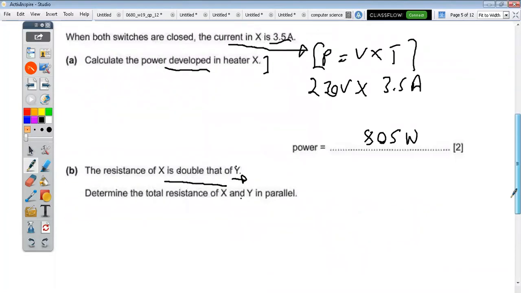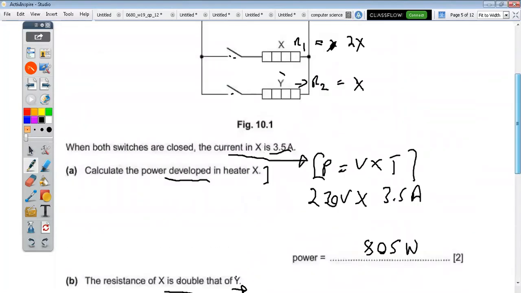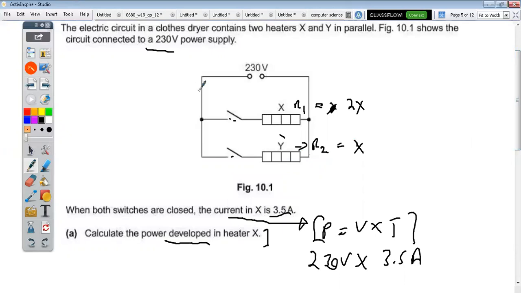Now, look at something here. They said when we close both, what is the current here? It's 3.5. Now, can I show you something? The tricky thing that you need to know there.